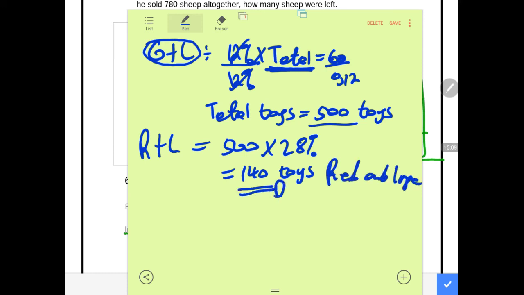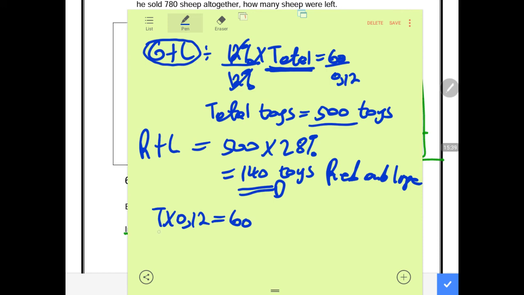It is very important to know that a percentage is multiplied by the total number of toys in order for us to get to the number of toys that are either red and large in this case. So now hence we start by say total toys multiply this by 12% is equal to 60, because they told us that 60 toys are green and large.